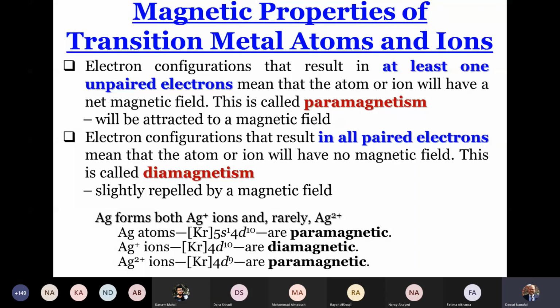Paramagnetic means it will be attracted by a magnetic field. And if the electronic configuration does not contain any single electron, it contains only pairs of electrons, so we say this is diamagnetic, and it means it is slightly repelled by a magnetic field.